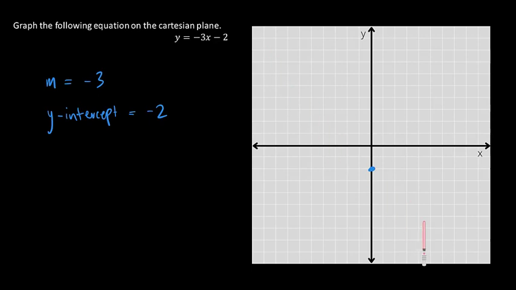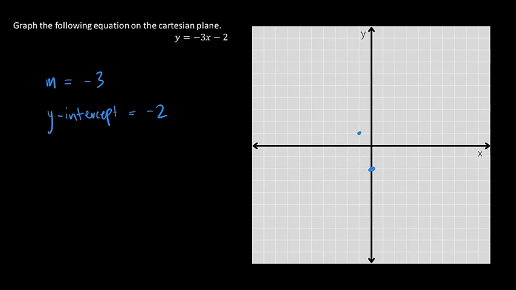Now, because the gradient's -3, I know it's going to be sloping this way. So I will go out 1 and up 3. And that's going to be my second point. Because if you imagine the run is 1, and then we have a 1, 2, 3.